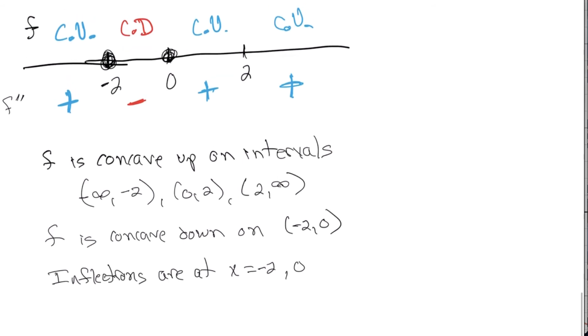So again, in summary, this example gives us the graph of f double prime. Based on that graph, we're able to determine where f double prime is positive, where it's negative. That tells me where my function's concave up or concave down. Once we can see where the concavity changes sign, then we can officially identify those points as inflection points.